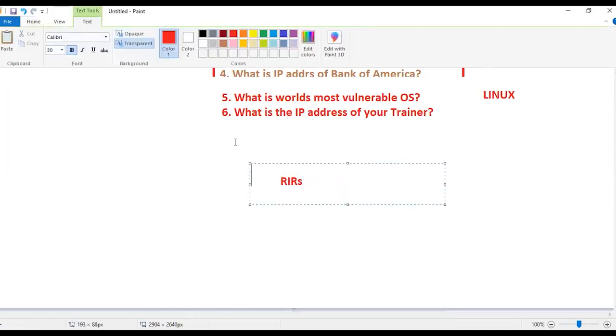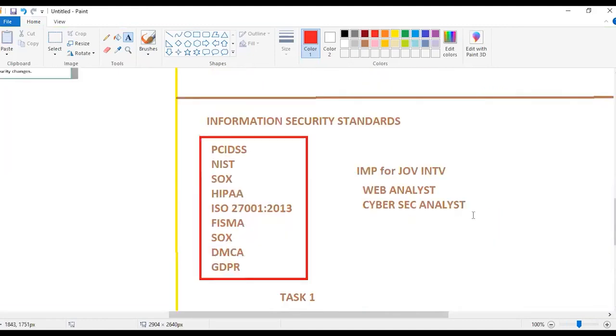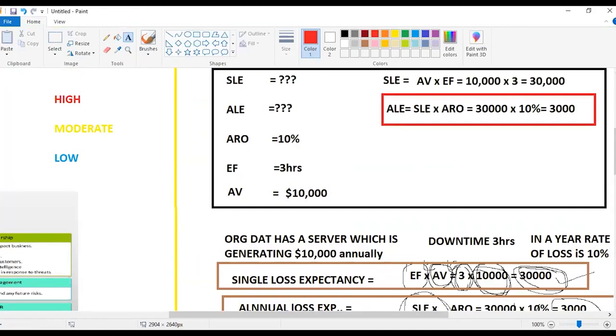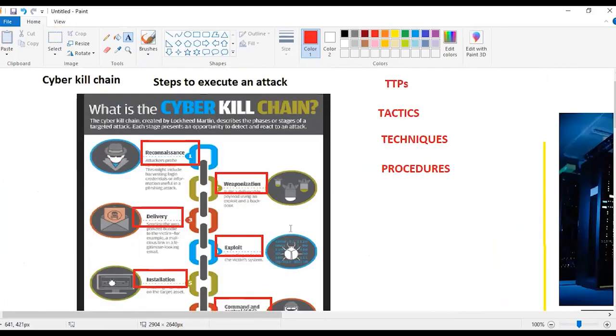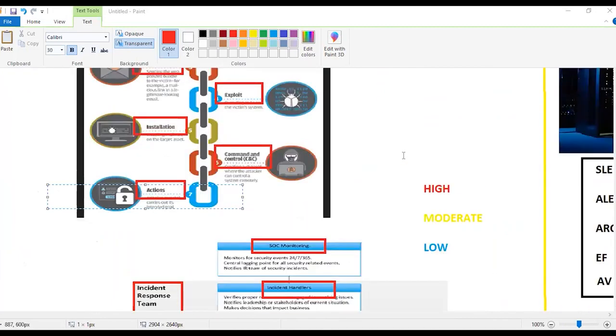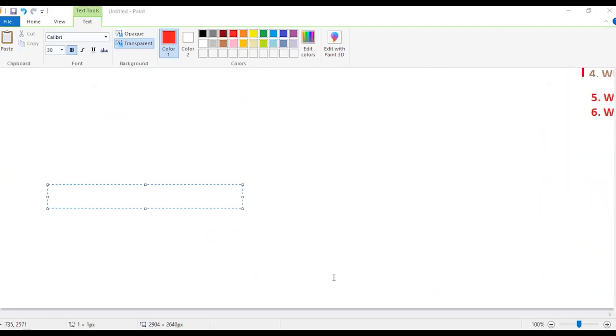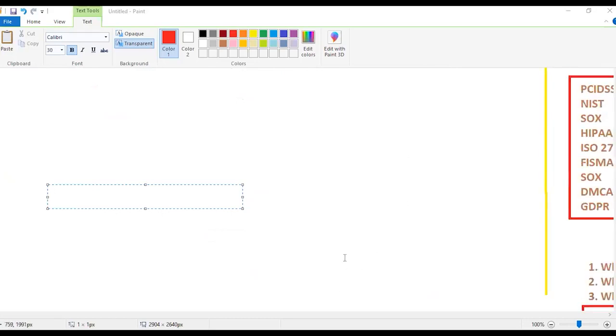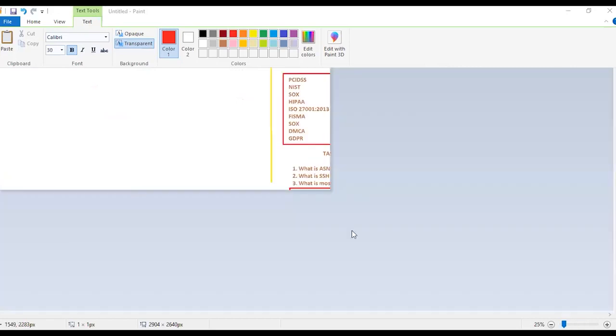Okay, thank you, sir. So the RIR stands for Regional Internet Registries. Go there, find the IP addresses, and let me know in the next lecture. So what is RIR? Regional Internet Registries.